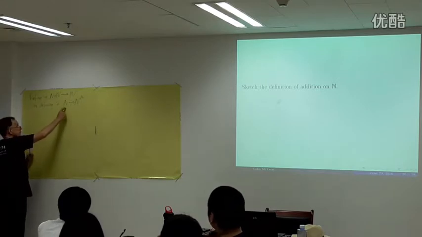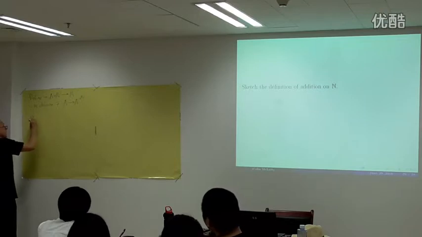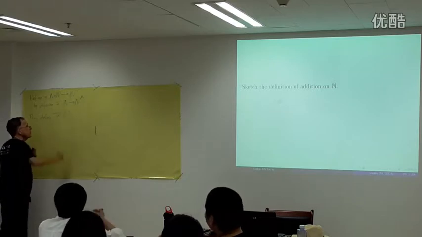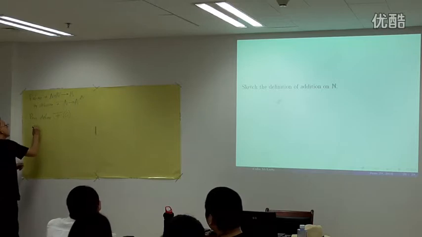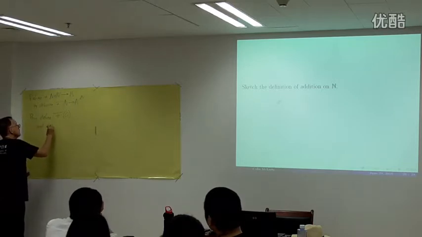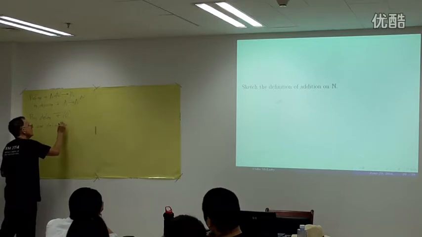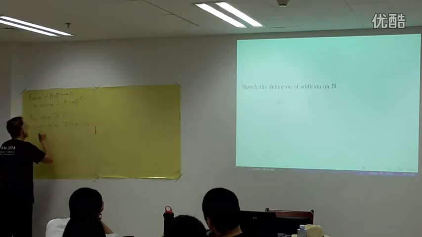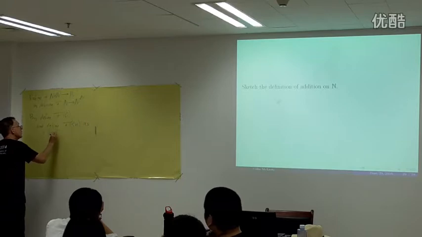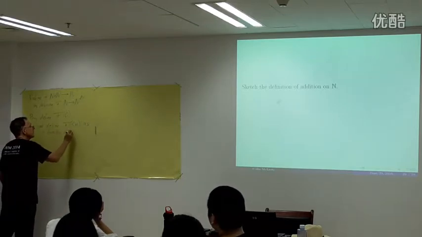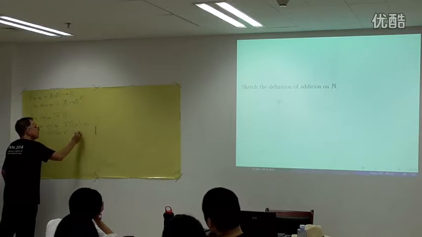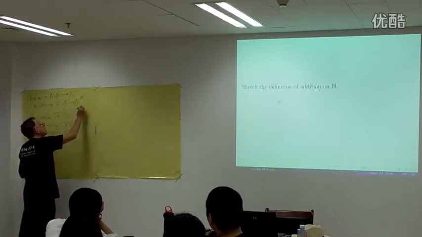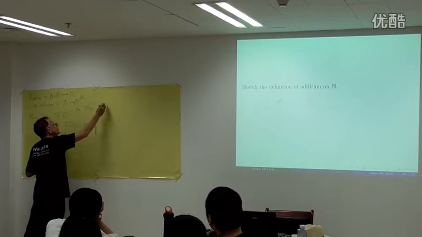How do we always define a function from here? That's by defining the value at 0 and defining the value at successor of n in turn as a function of the value at n. So this is the plus 0 function.